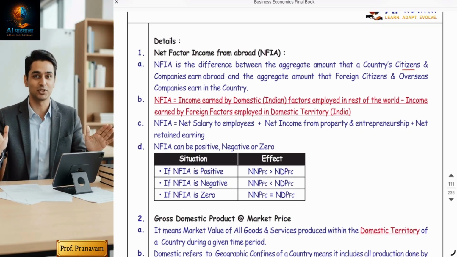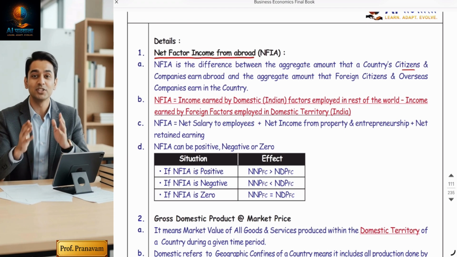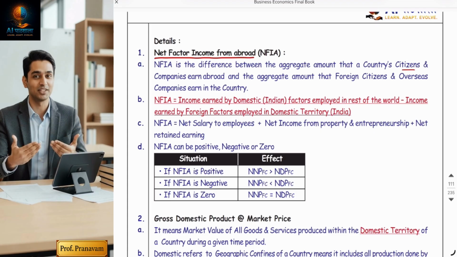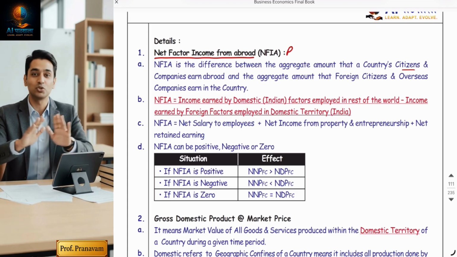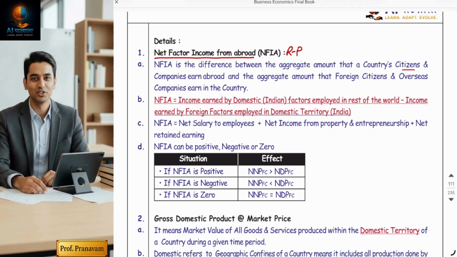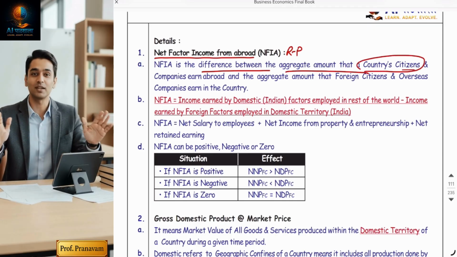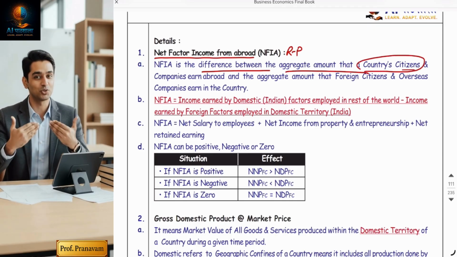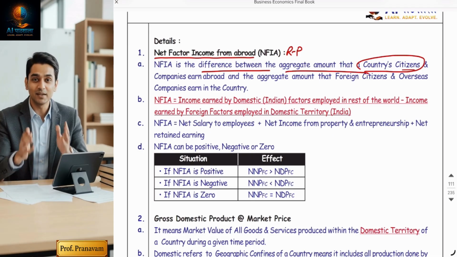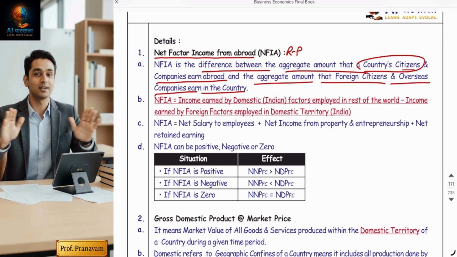Now, after understanding this formula, there are some small details we should understand. First, let us talk about NFIA. What is NFIA? Friends, net factor income from abroad, that is receipts minus payments. What do you mean by this? NFIA is the difference between the aggregate amount that country citizens and companies earn abroad and the aggregate amount that foreign citizens and overseas companies earn in the country.